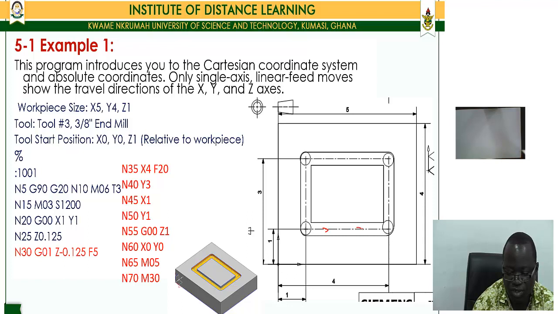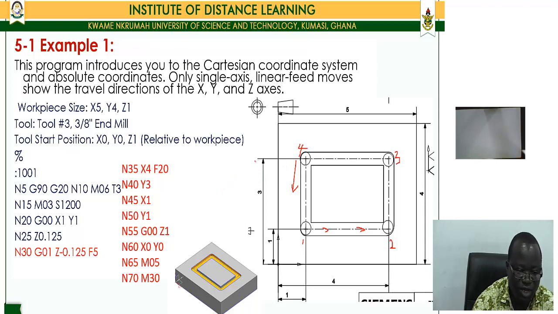We follow through to this position, so the first position here, the second position, and then we have the third position of the tool here, and then the fourth position of the tool, and then finally the tool will come home back to the first position, and then it will create this profile. So if we are trying to write a program to generate this, this is how we're going to start it.